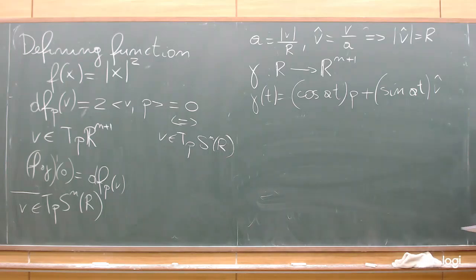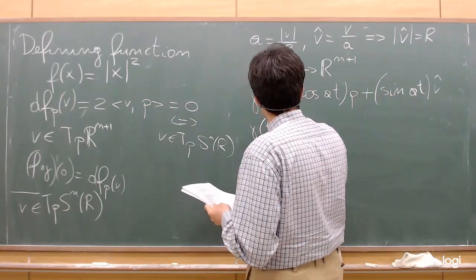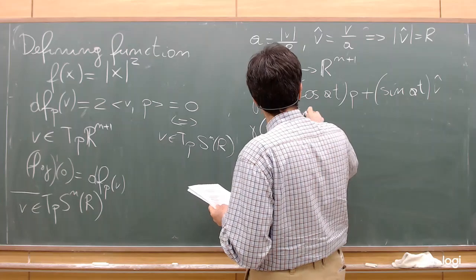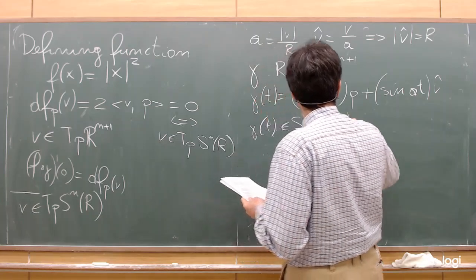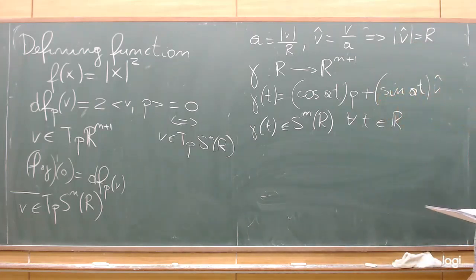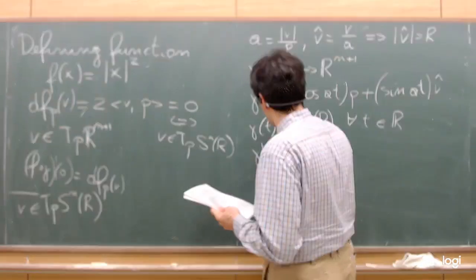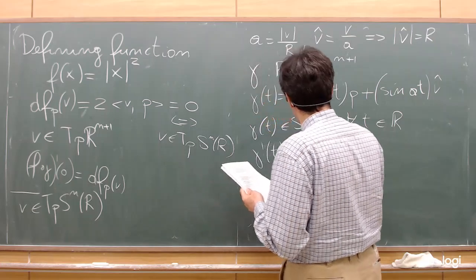It's easy to compute that gamma(t) belongs to S^n_R for any t in R. So this is a curve lying on the sphere. Gamma prime t is this.